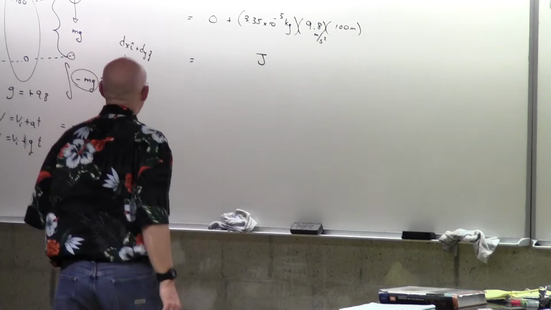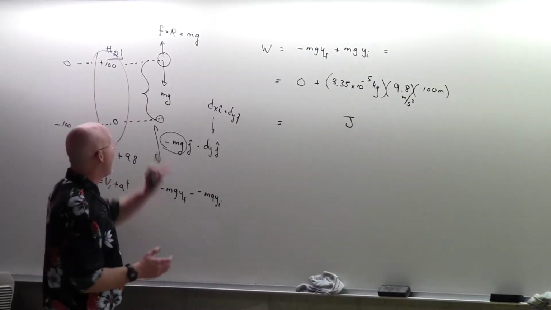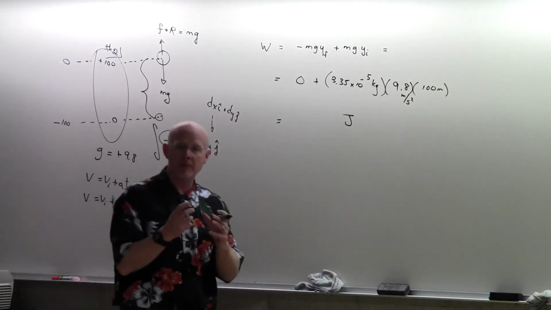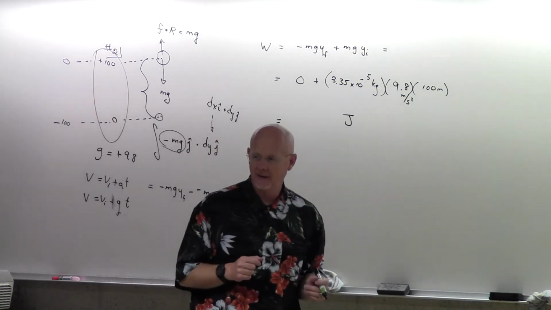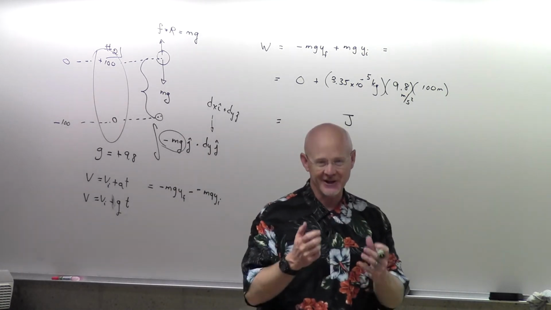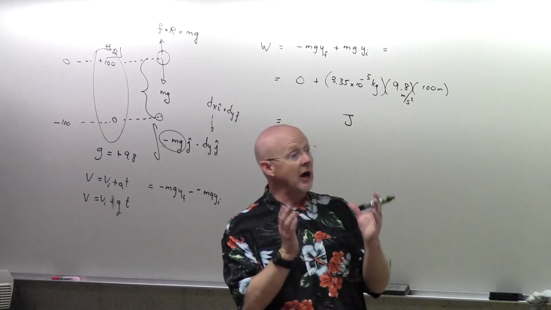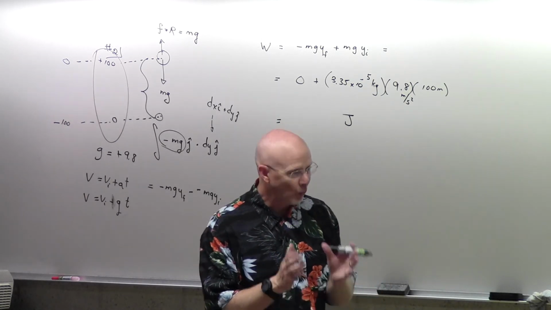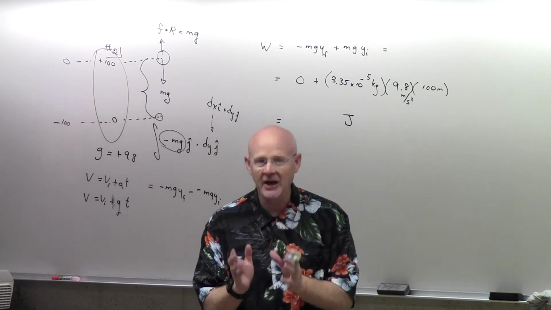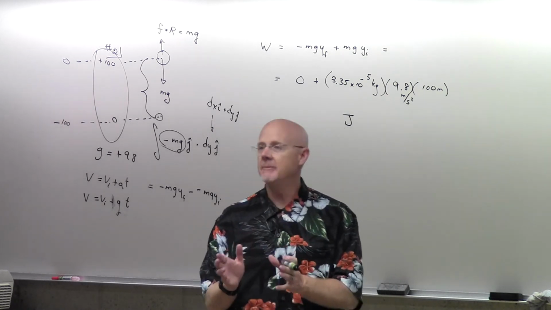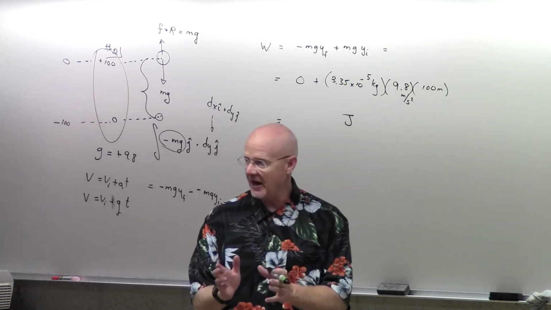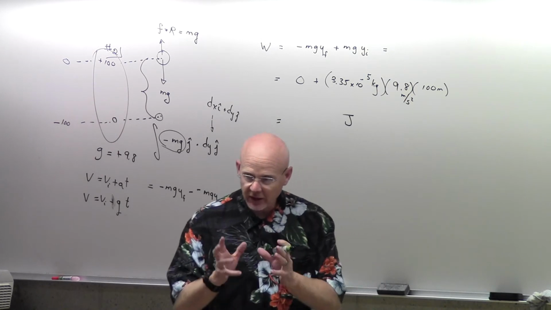Notice, if gravity was the only thing acting on that raindrop, what would be gravity doing to it? Making it go faster, right. If I did not get a positive number here, I would be very bothered. Work should be positive. This object would be going faster if there was only gravity.